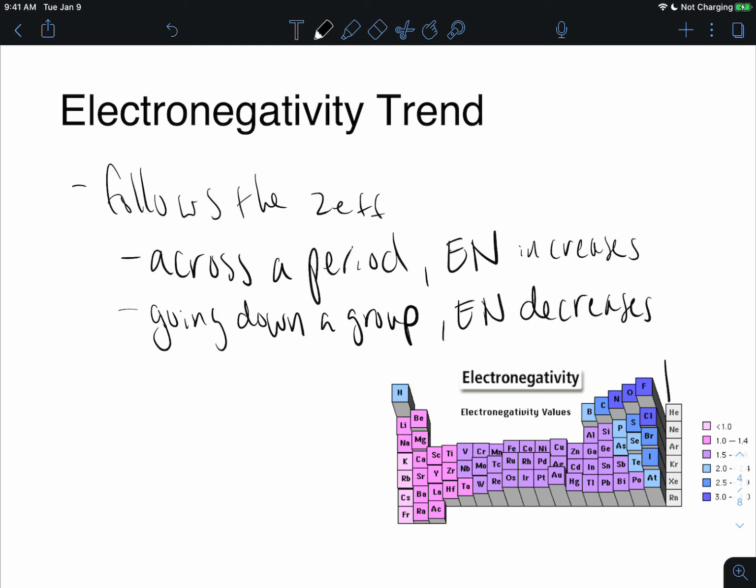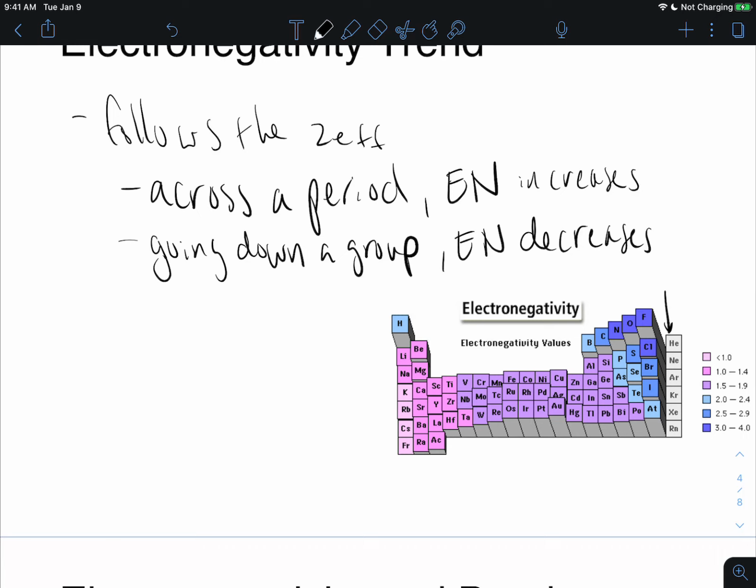And as I said, if we look at our noble gases, they are basically zero because they don't do a lot of bonding. There are charts that show some electronegativity values for these because there are some bonds made with krypton and xenon and stuff like that. They're just not very common.